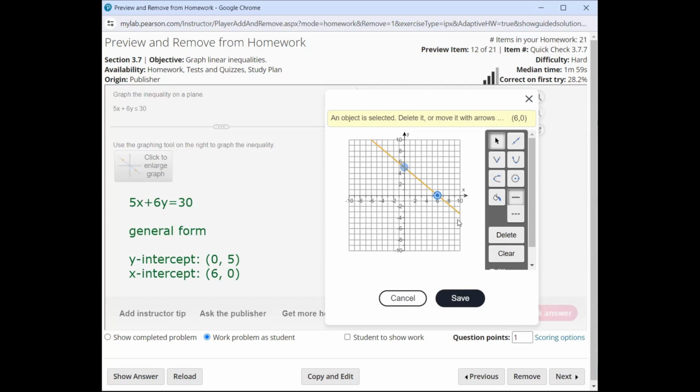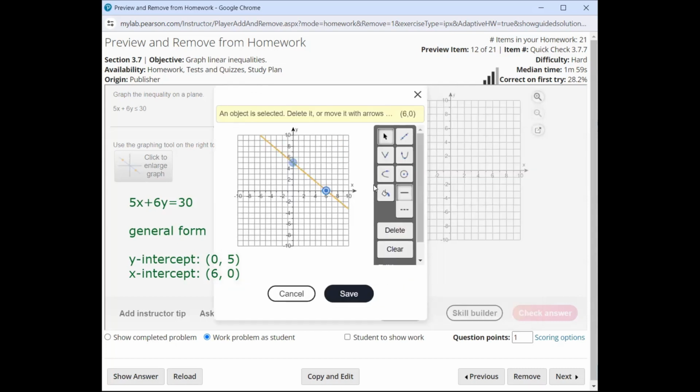Therefore, we use a solid line. So leave it as it is. The next step is to decide which half plane to shade. We select a test point. Origin is not on the line, so we can select it.